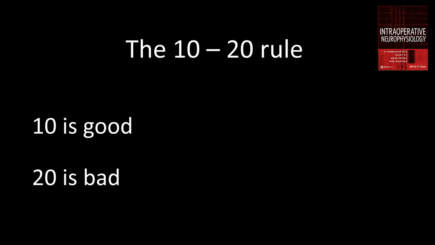In addition to monitoring N20, monitoring EEG activity using regular EEG filtering but with sensitivity of 2 to 3 microvolts per millimeter after anesthesia is also used to monitor brain oxygenation. For this purpose, a good rule to remember is the 10-20 rule.